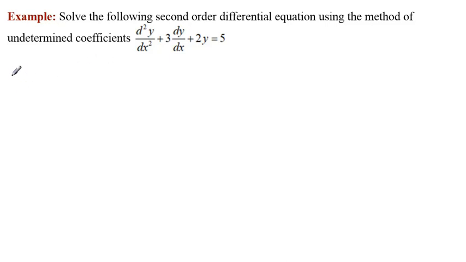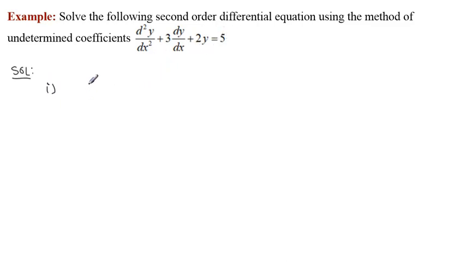So to solve this, let's start by stating the solution. We'll do this in two parts. We'll handle this as if we are solving a homogeneous equation. First, part 1: we'll simply set this equation to be homogeneous, meaning we ignore 5 momentarily.